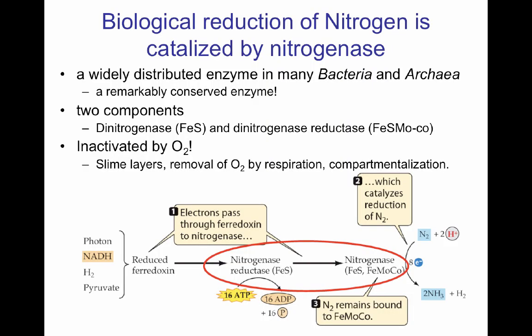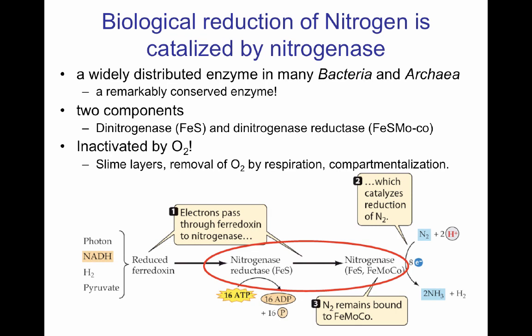Now, this reaction is going to be catalyzed by one of the most studied enzymes for nitrogen fixation, and that enzyme is called nitrogenase. Nitrogenase enzyme, you have seen part of it before because I showed you one of the many complex molecules, and I'm going to show it to you again today. It's a widely distributed enzyme in many bacteria and archaea, so it's very conserved, and it has two main components.